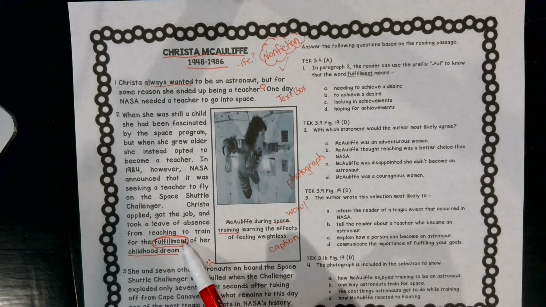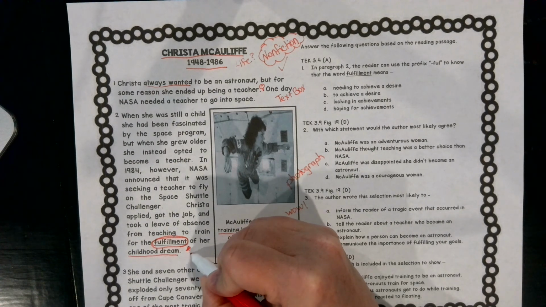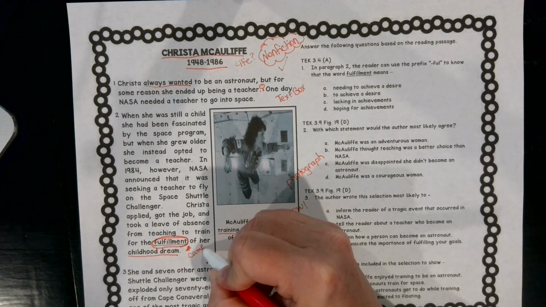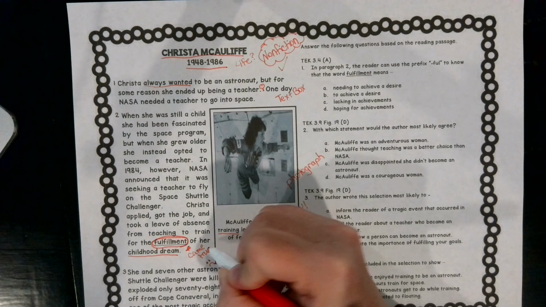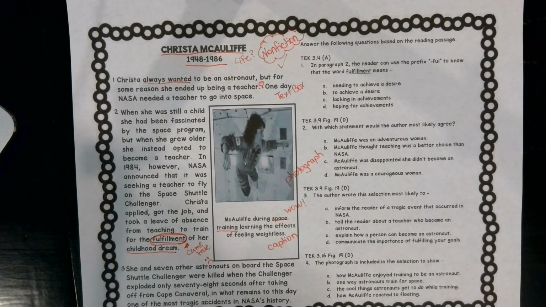Fulfillment. Childhood dream. What did she do with her childhood dream? It seems like her childhood dream came true. So I'm going to use this, came true, and let's see if that helps us later. It makes sense in my sentence. Let's see if it makes sense later.